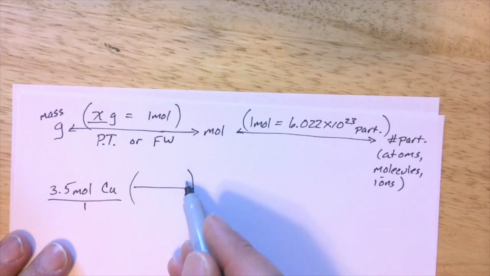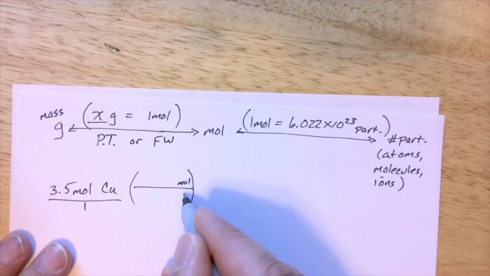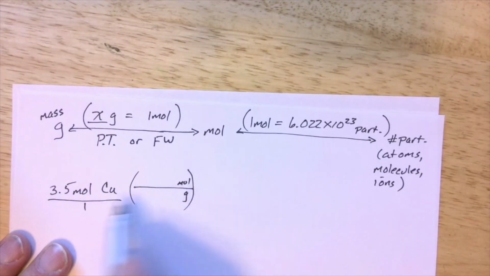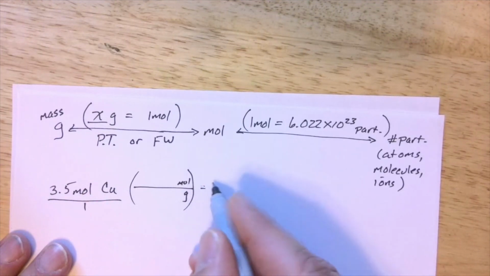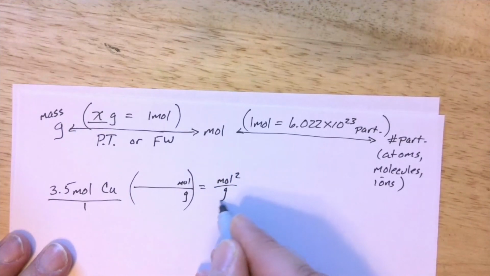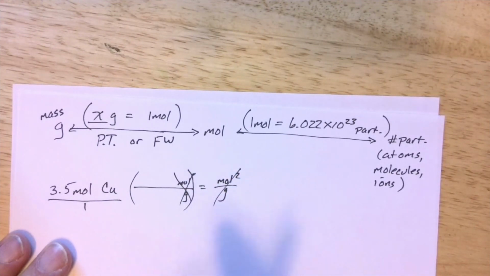If I put mole over grams, moles is on top, and I would end up with a unit of moles squared per gram. There is no such unit as a mole squared per gram, so this is incorrect.